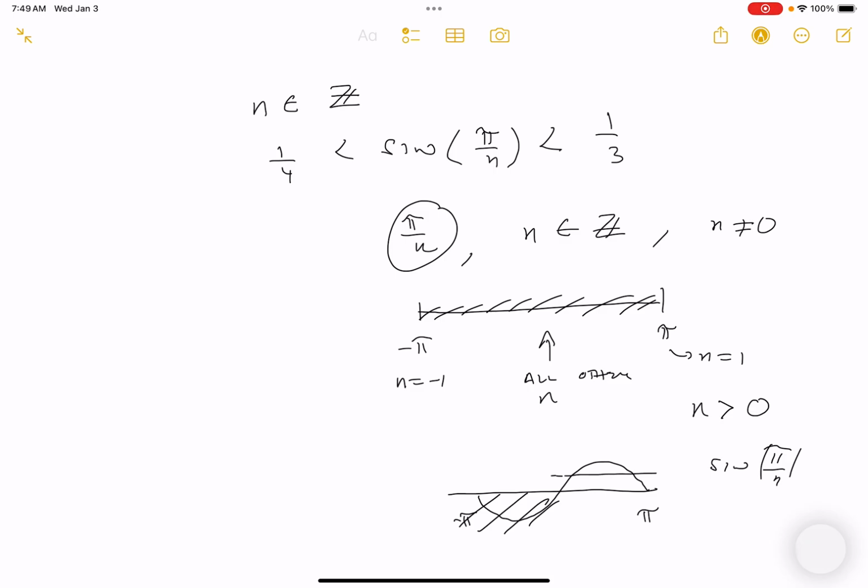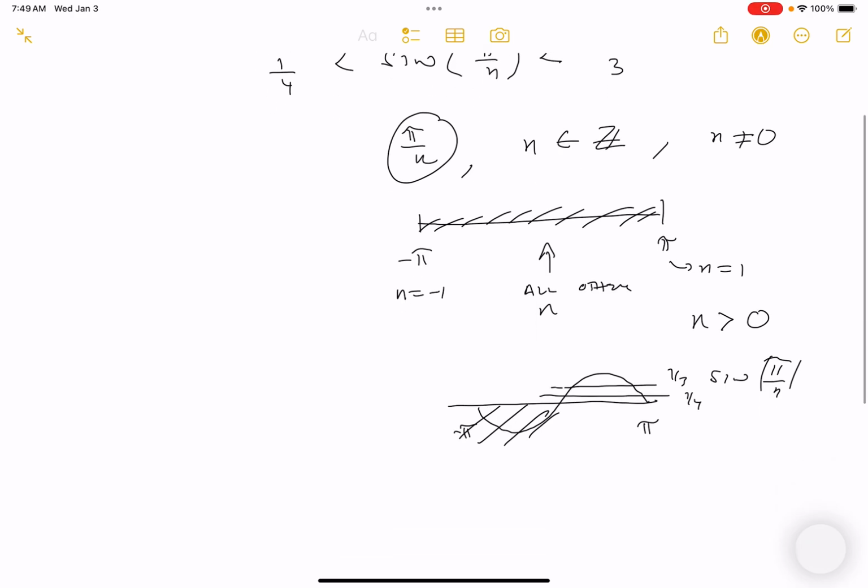So 1/3's up here about, and 1/4's down here about. All right? So we've got some problems, and since I'm dealing with n greater than 0, I might as well start looking at n's. And so what n would you look at first? I'll start at 1, then I'll go to 2, then go to 3, 4, and so forth and so on. And as you do that, I hope they're going to be easy to evaluate.